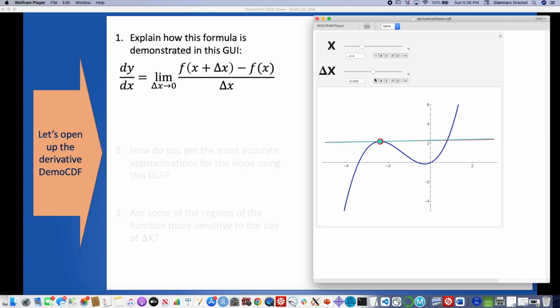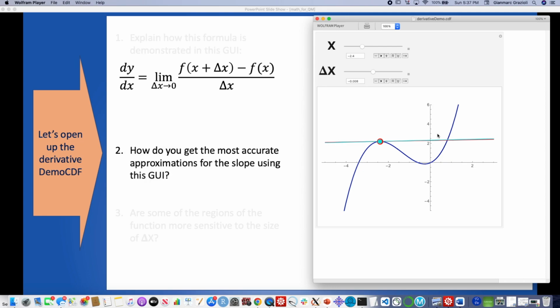We give it x plus a small change, and then we divide it by that small change, the change in x. That's the run, how far we've changed in the x direction. So rise over run is the definition of a linear slope. And of course, for a function that's not linear, this is going to be correct in the limit as delta x goes to 0.